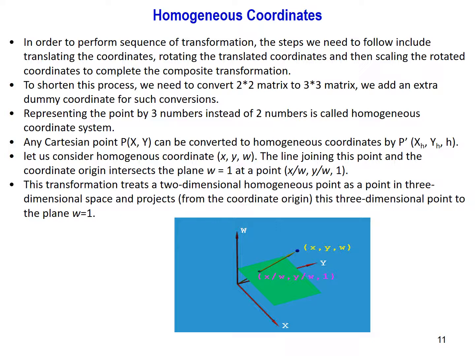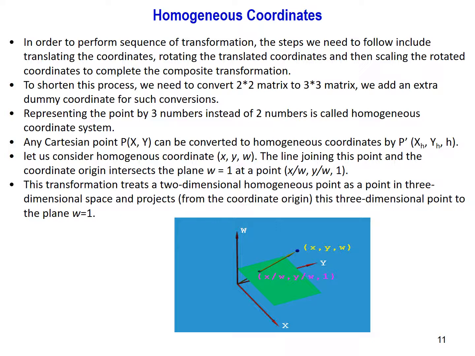Representing the point by 3 numbers instead of 2 numbers is called the homogeneous coordinate system. Any Cartesian point x, y can be converted to homogeneous coordinates as P dash xh, yh, h. Let us consider homogeneous coordinate x, y, w.